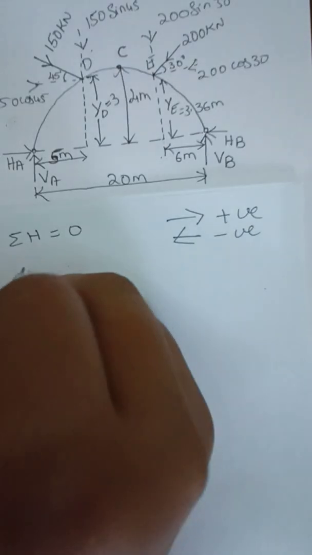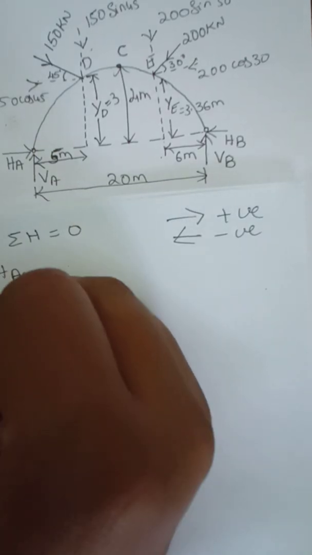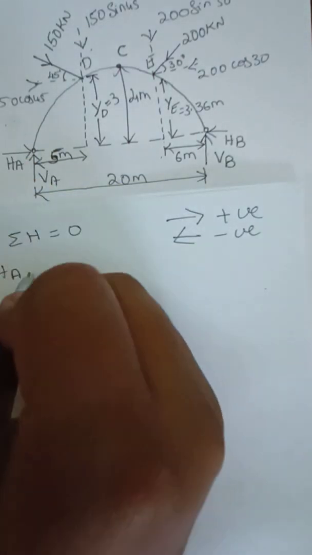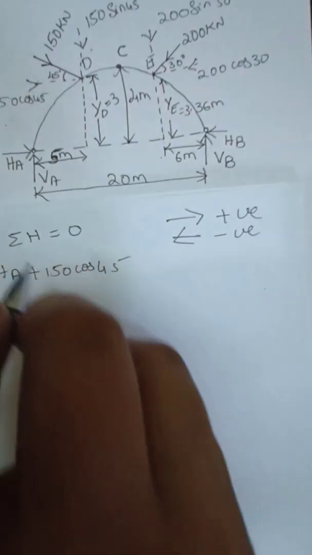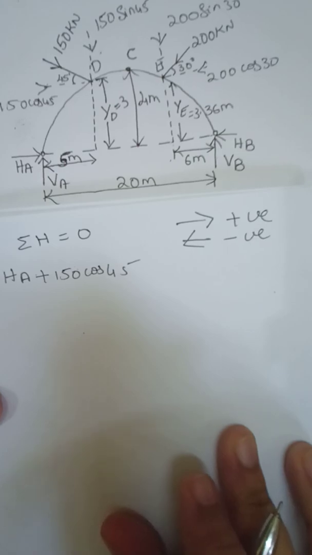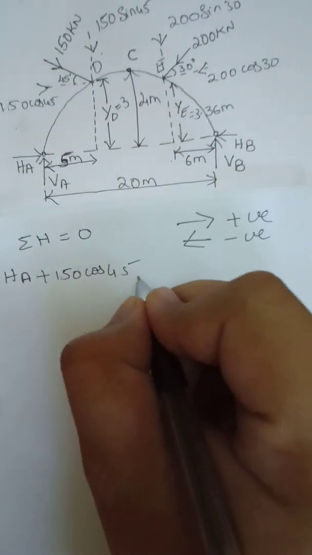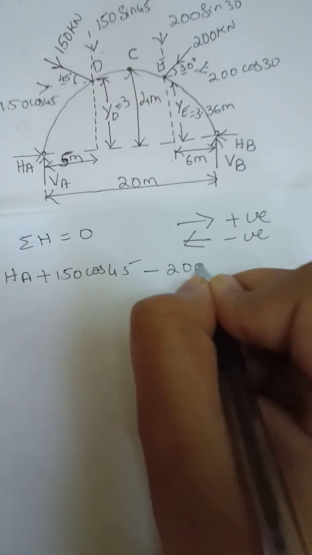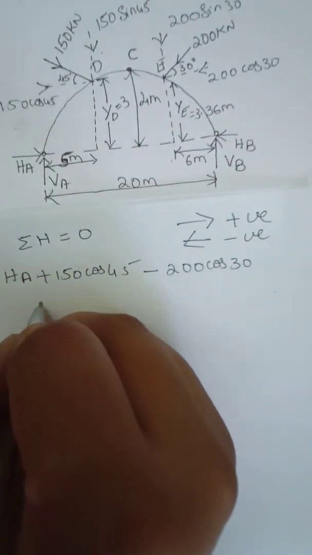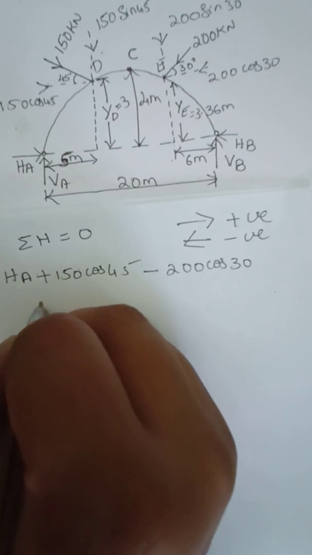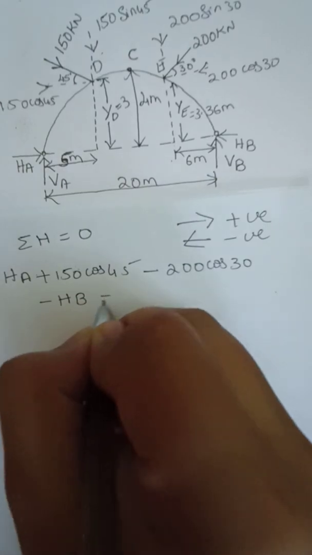So I have the components as HA in the right side direction, and then 150 cos 45, which is also acting in the right side direction, so I consider it positive, minus 200 cos 30, and then we have minus HB equal to 0.